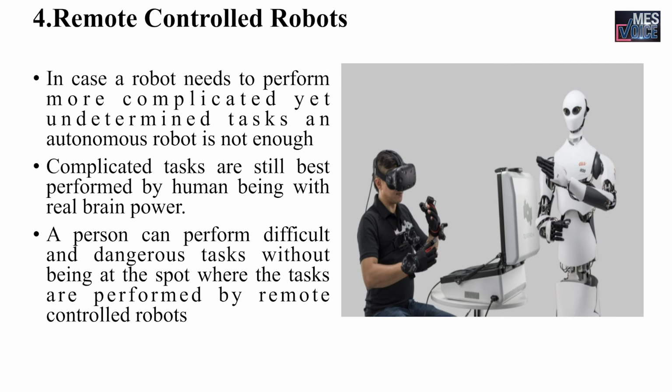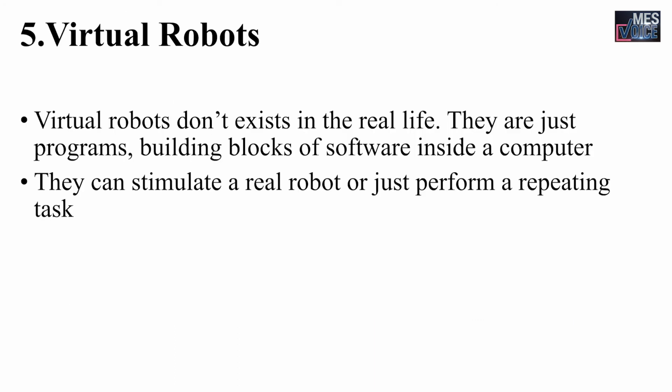So, remote control robots can be used in hazardous situations without being present in the area. Next robot is the virtual robot. A virtual robot is not actually present in real life. It is software or building blocks in the computer. They can simulate a real robot or just perform a repetitive task.